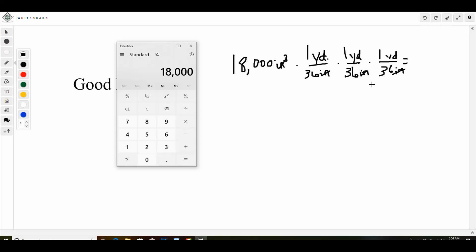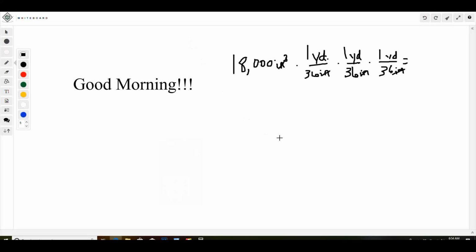Oh, duh. It's because of the 36. We multiply, let's see, is it that? Oh, I forget this every time. It's 18,000 divided by 36 cubed.